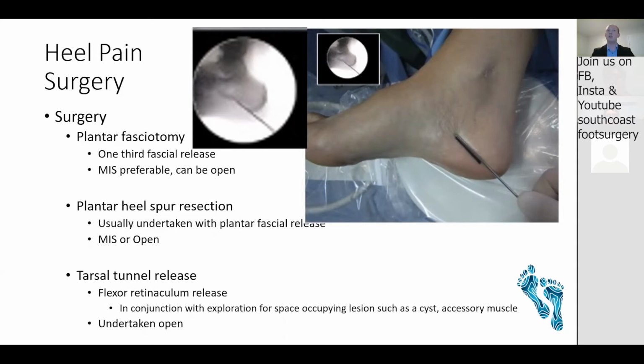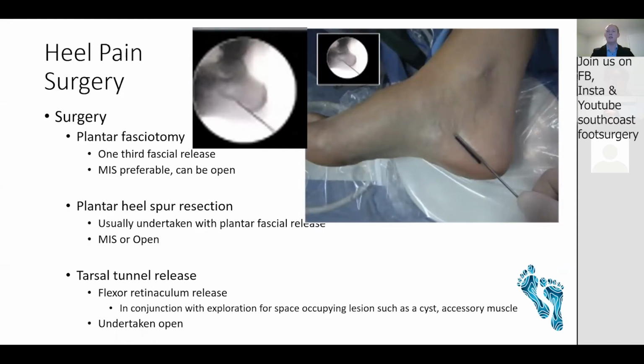When we look at tarsal tunnel syndrome and the release around that, if that's a contributor, we're looking at that flexor retinaculum release. Generally, I'll do this open because although MRI is fantastic at this, there's been a number of cases where I've got into a tarsal tunnel, released the flexor retinaculum, and then I've had a cyst or an accessory muscle pop out at me that's then been released when we do that flexor retinaculum release.